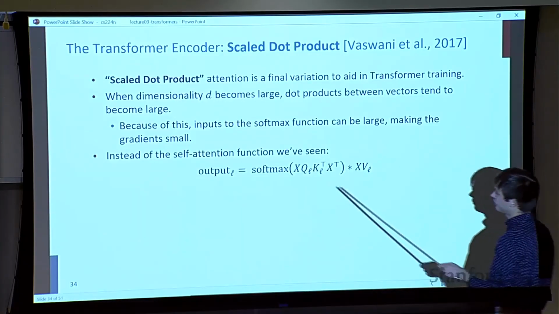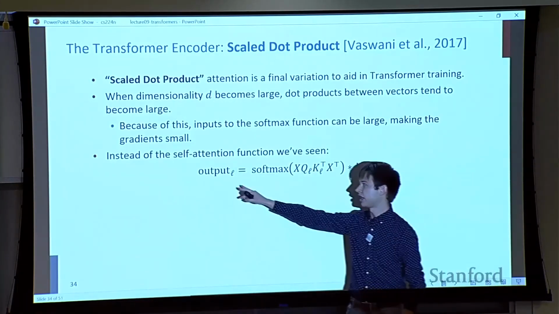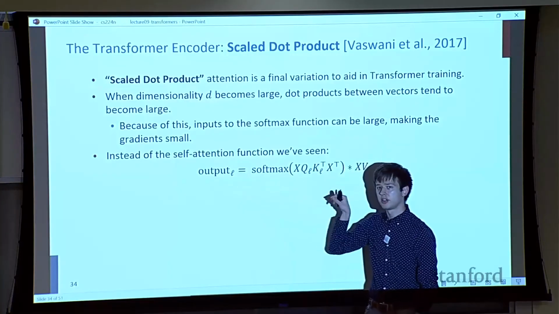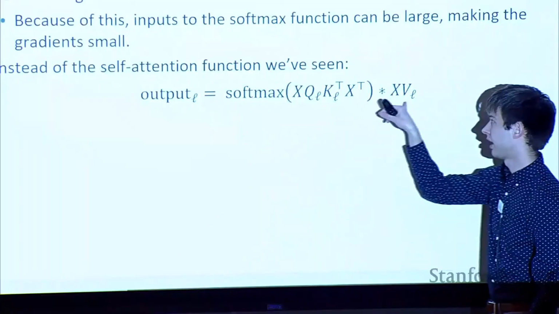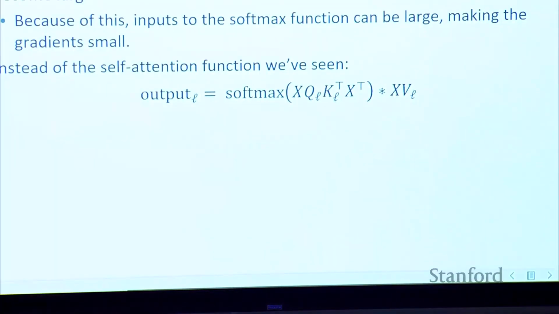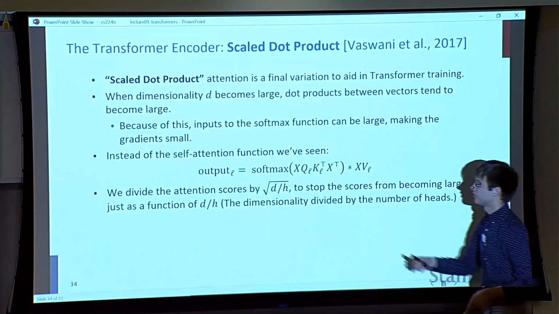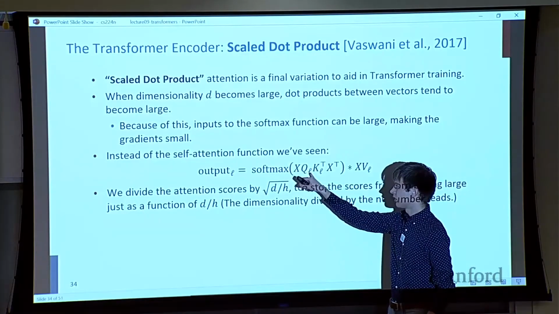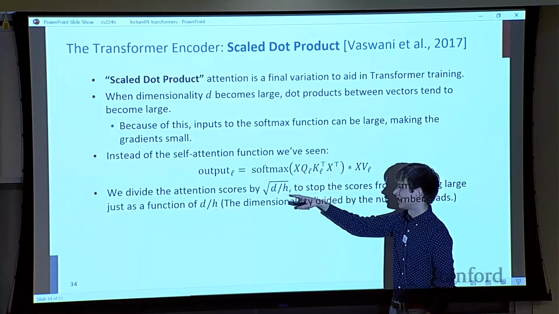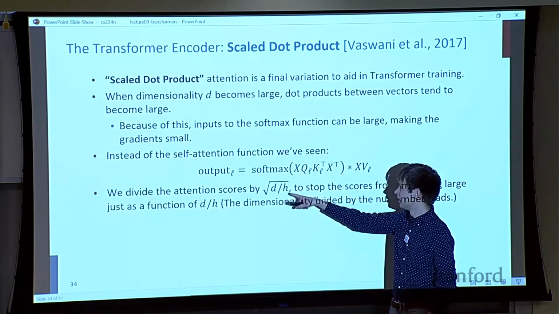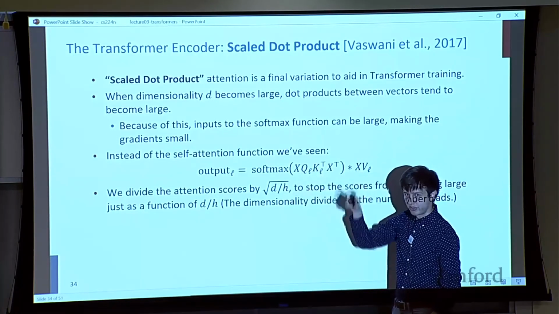And so here's the self-attention operation we've seen. This is the multi-headed variant here, because we've got the indices on the output, and on Q, K, and V. And all I'm going to do is say that the things I'm about to dot together are vectors of dimensionality d over h because of the multi-headed attention.